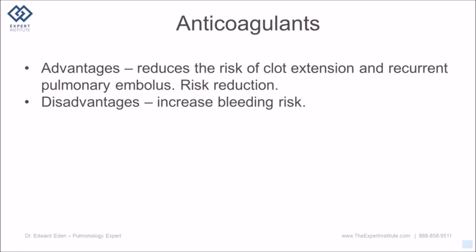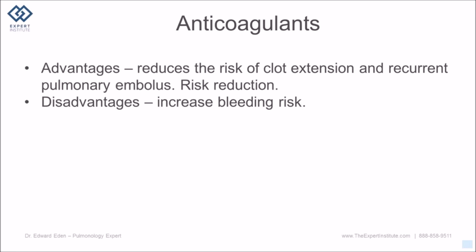So I've already mentioned the coagulation cascade. The advantage of anticoagulation is it reduces the risk of clot extension, that is, spread of the clot, and recurrent pulmonary embolus because it inhibits clot formation. It reduces risk.